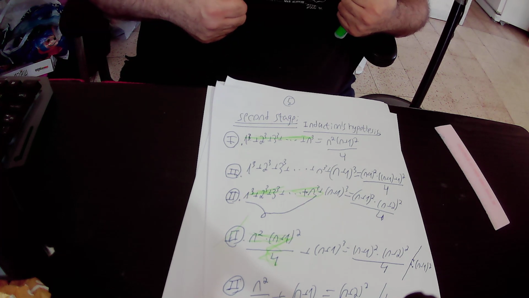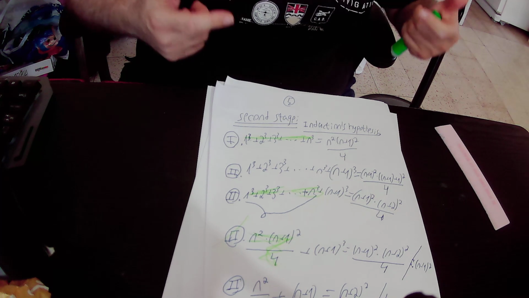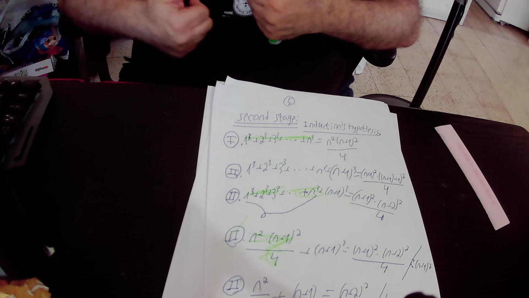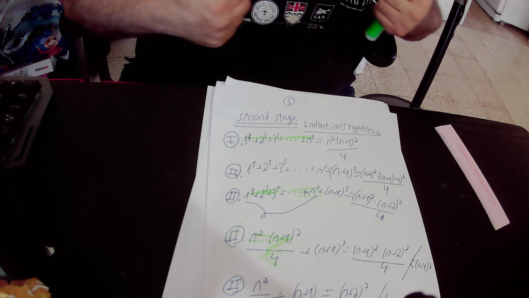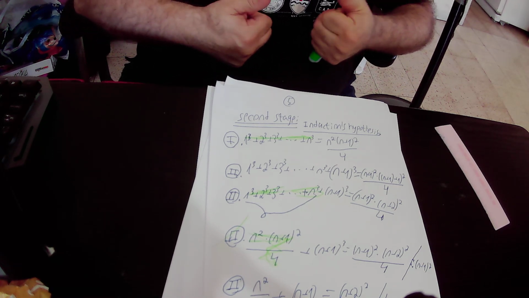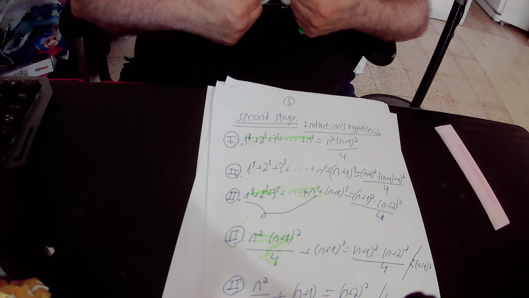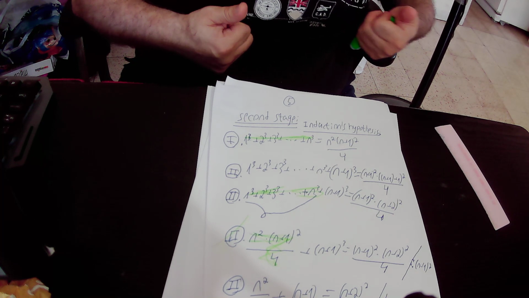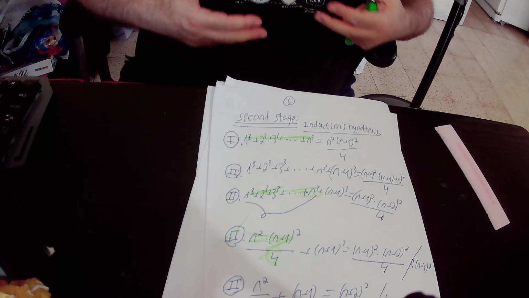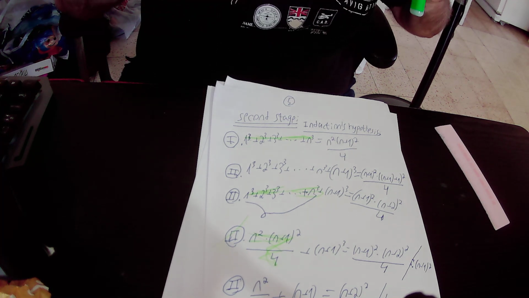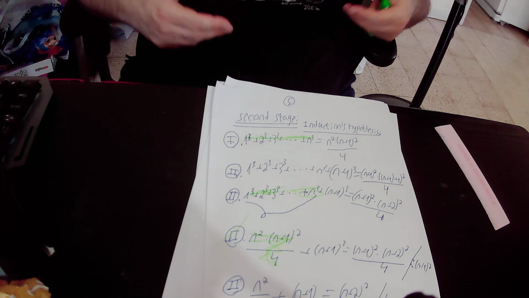So because we know that it's true for n that equals to 1, we can deduce from our general proof that it also must be true for n that equals to 1 plus 1, that is 2. And we can do the same process in order to prove that it is also true for n that equals to 3, 4, 5, 6, 7, etc.